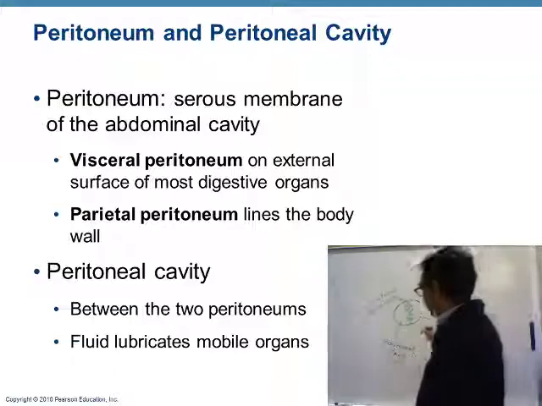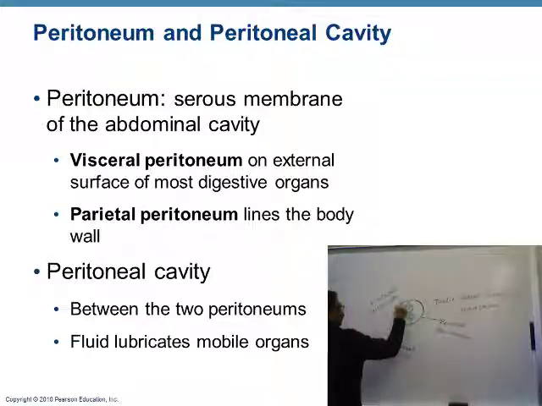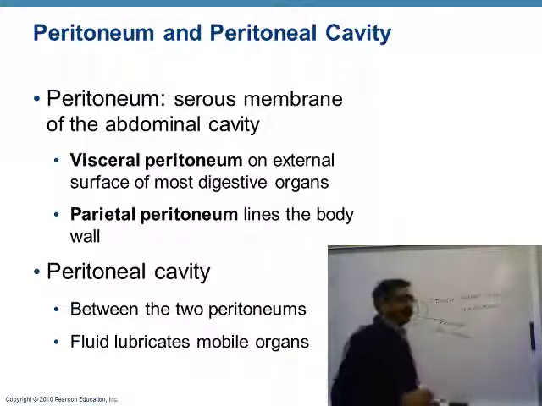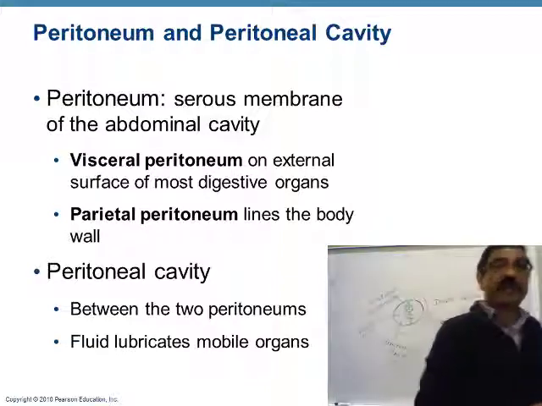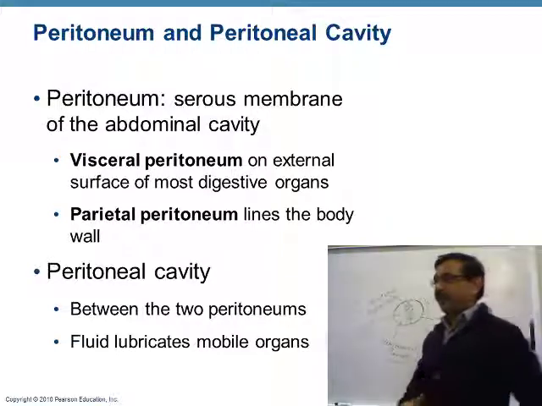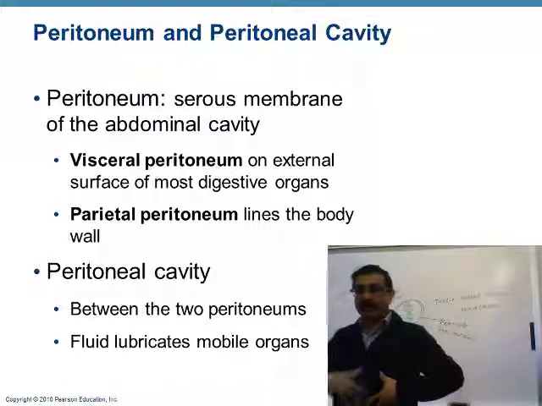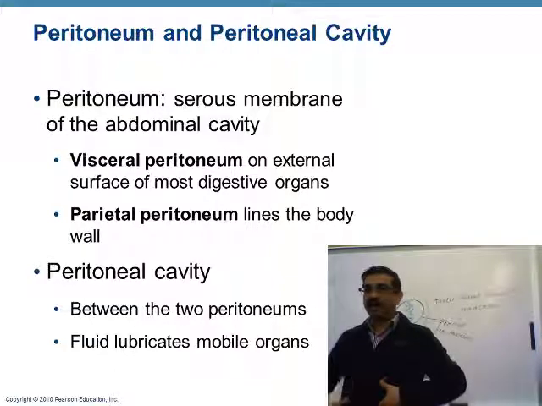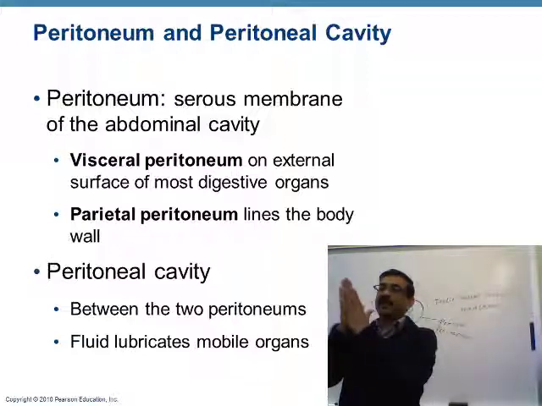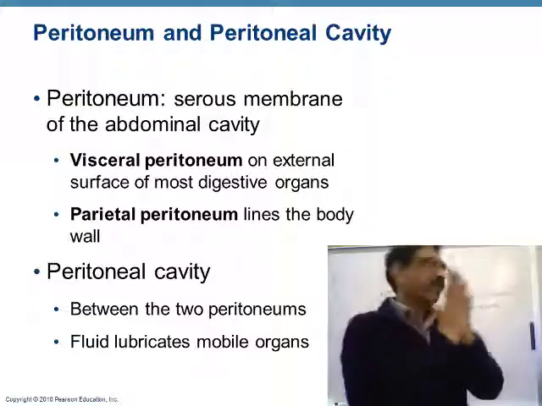This cavity contains a fluid, called the peritoneal fluid. This fluid prevents friction. In your abdominal cavity, you have several organs, right? Small intestine, large intestine, stomach, liver, all those organs are there. So the fluid prevents the friction between those organs.